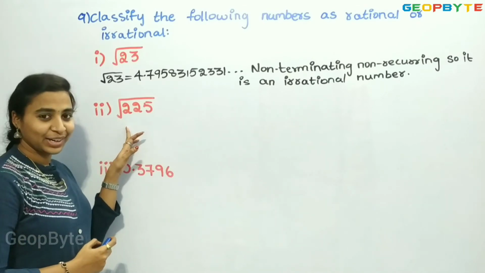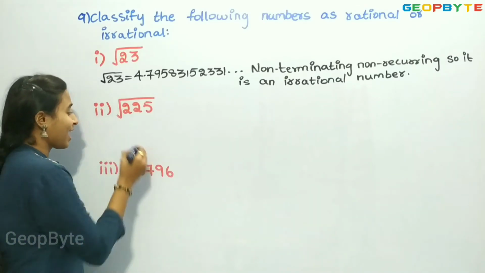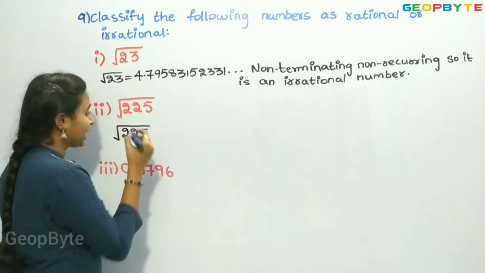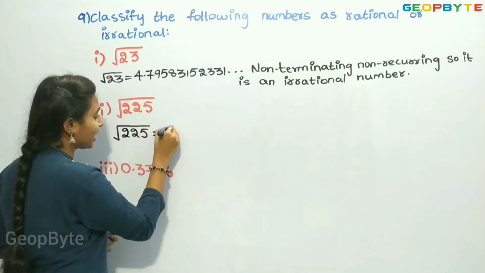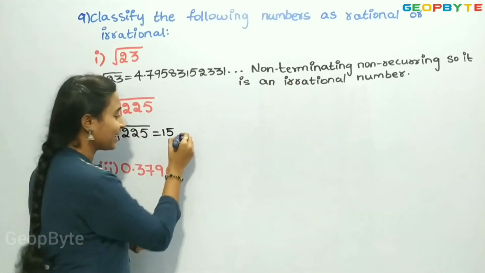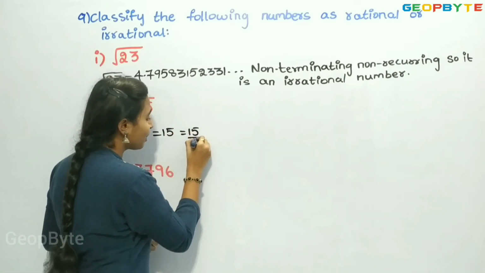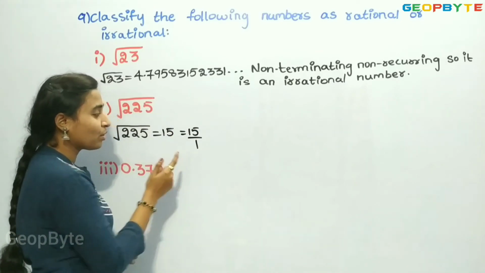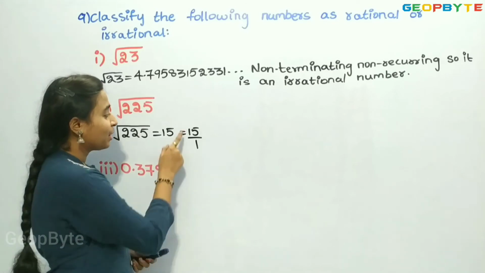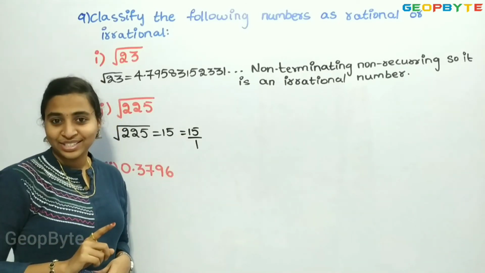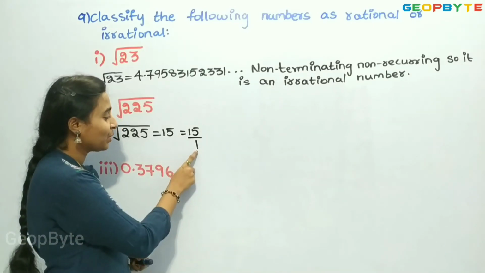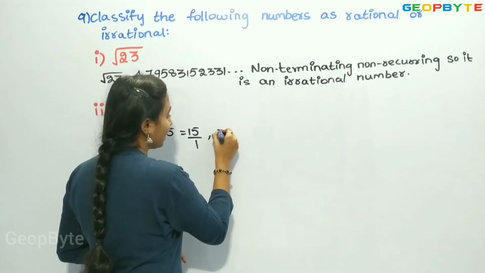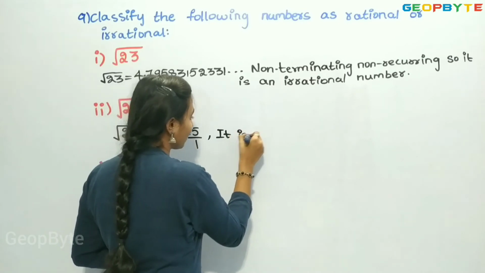We have under root 225. As we know, under root 225 is equal to 15. And 15 can be written as 15 by 1. So it is written in the form of p by q, where p and q are integers, q not equal to 0. So it is a rational number.